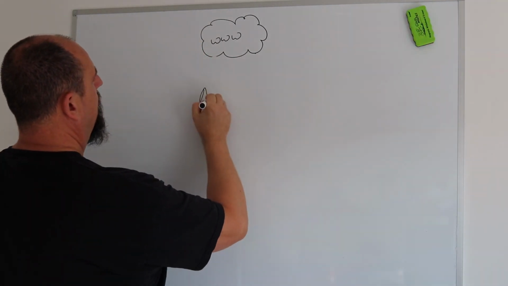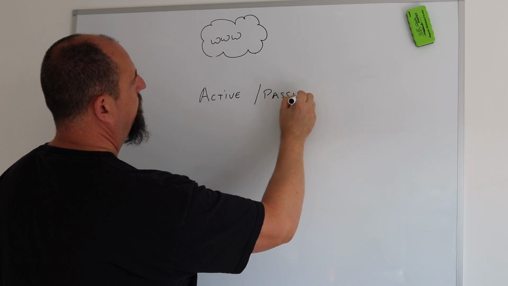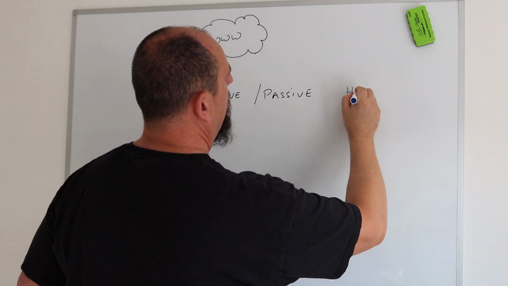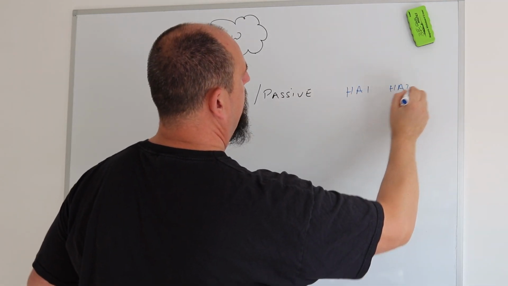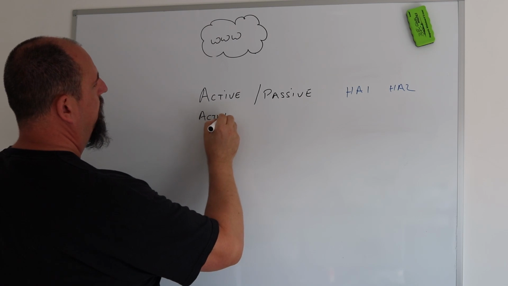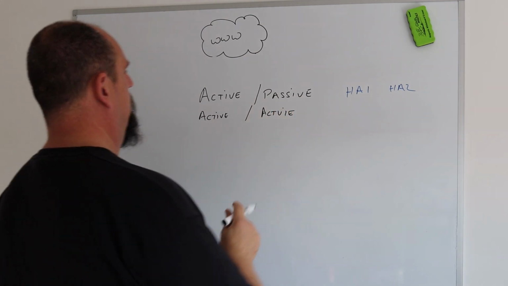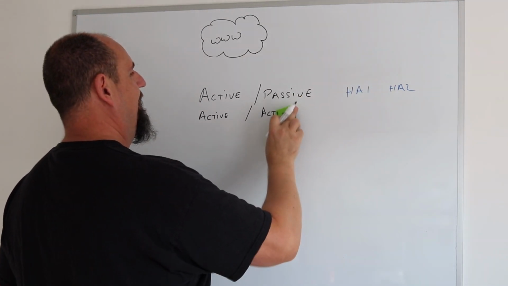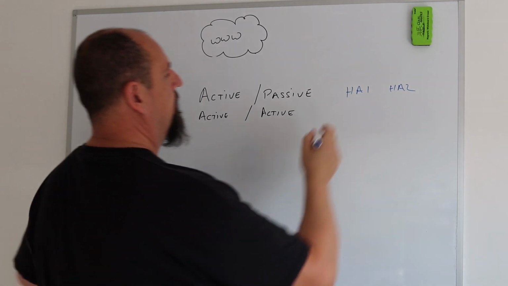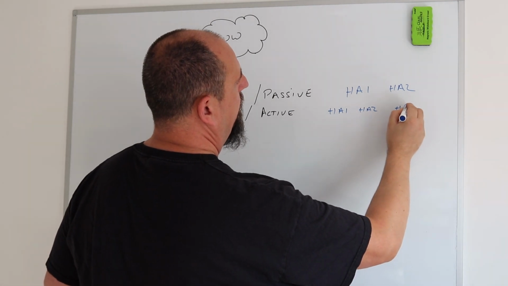So your options are active, passive, and that is HA1, HA2, active, active, and that is HA1, HA2 and HA3 links.